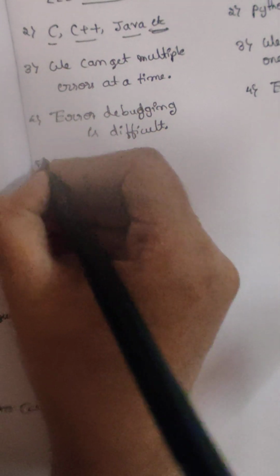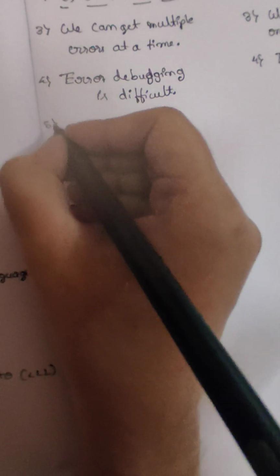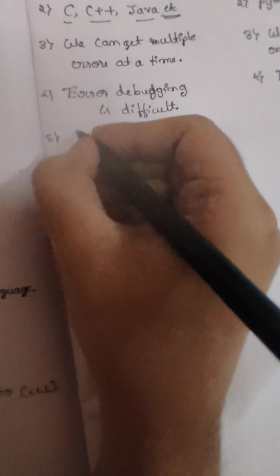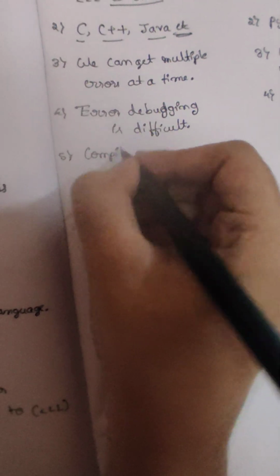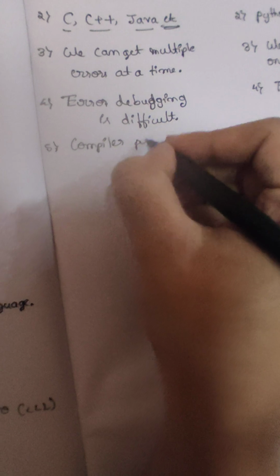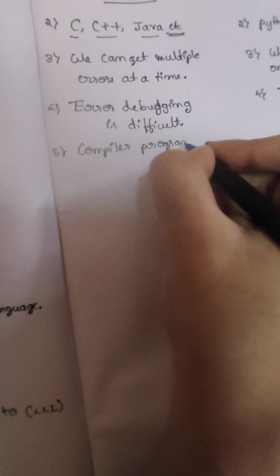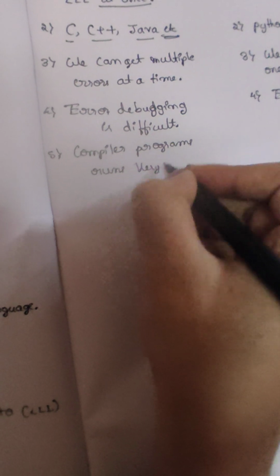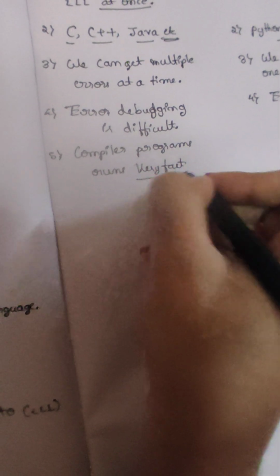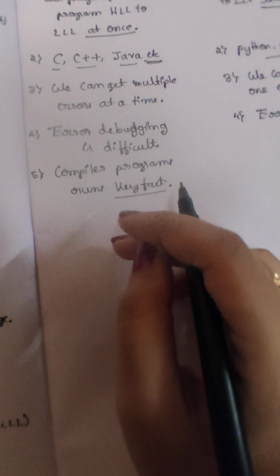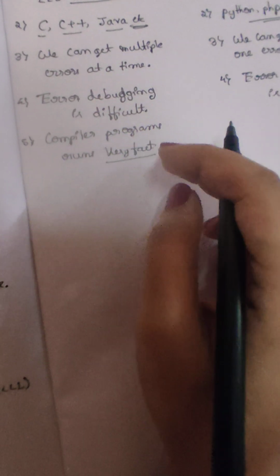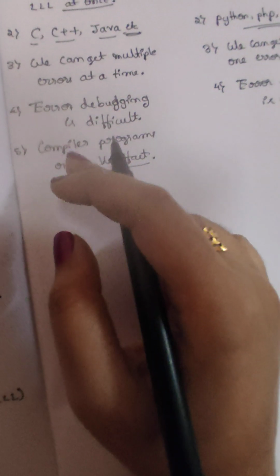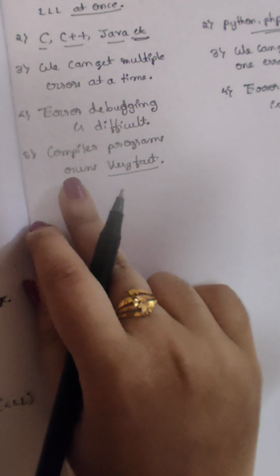Then fifth difference. Compiler programs run very fast, because compiler converting entire program high level to low level at once, so that compiler programs execute or run very fast.